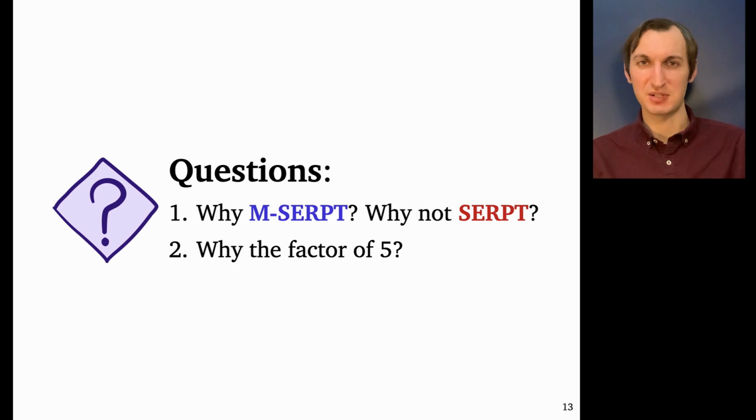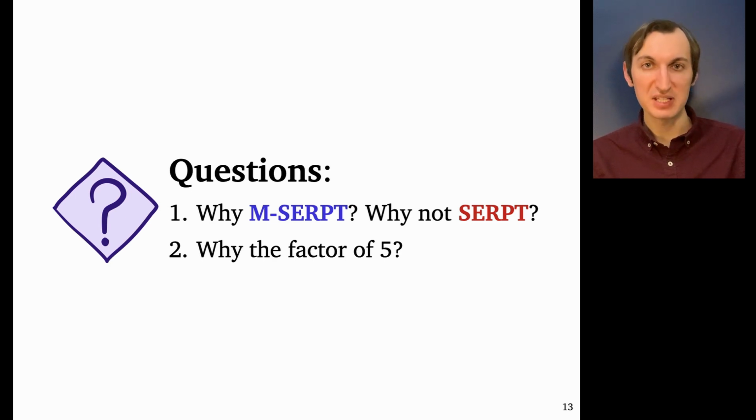It seems like SERPT is doing great. Why doesn't SERPT work? Why can't we get the same proof working for SERPT? And the second question is, where does this factor of 5 come from? It looks like we're doing a lot better than a factor of 5. So in the rest of this talk, I'm going to answer both of these questions: why we needed to invent M-SERPT, and why we get a factor of 5 as its approximation ratio.